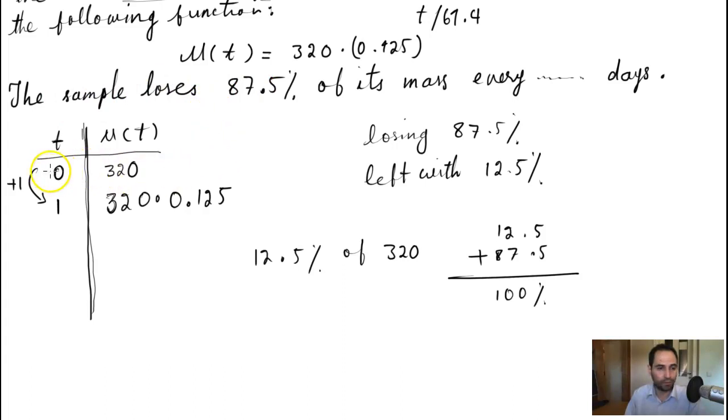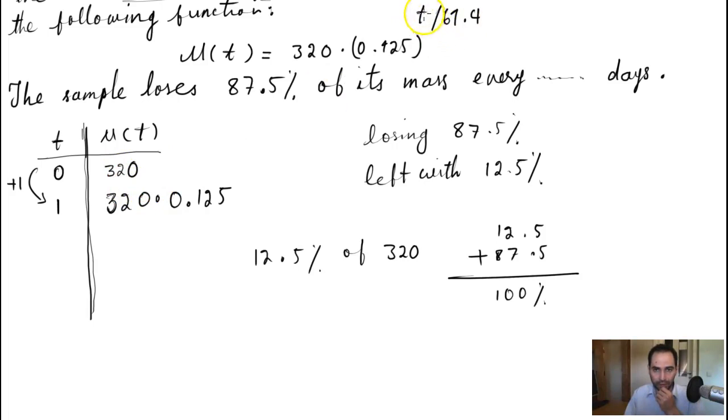It can happen if t goes from 0 to 1, and whatever you had as the output of the function is multiplied by 0.125, leaving you with 12.5% of your previous mass.